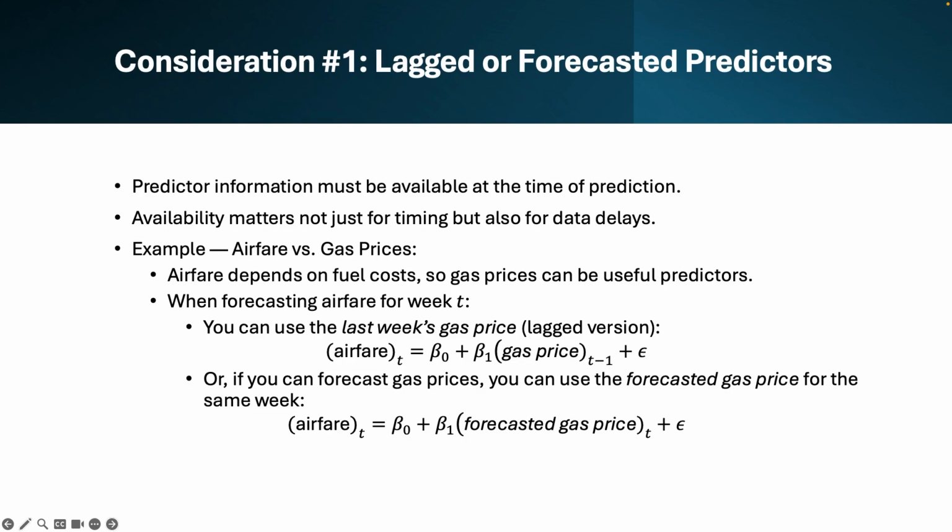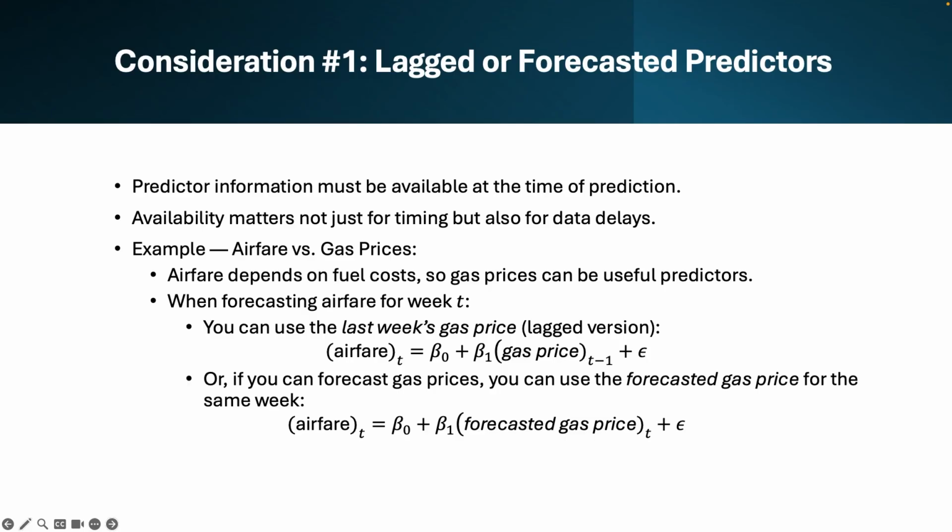This is the lagged value t minus 1. Or we can use the forecasted gas prices for the same week: airfare_t = beta_0 + beta_1 times forecasted gas price_t + epsilon.